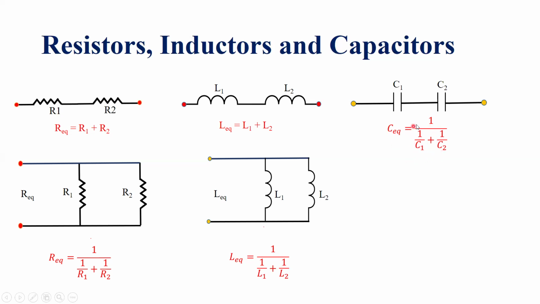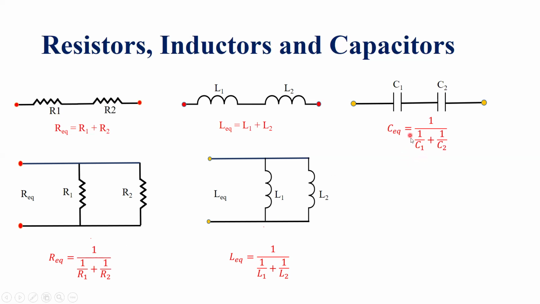If you compare this equation with that of inductors in series or resistors in series, it's a different equation. However, if you compare it with inductors connected in parallel, or resistors connected in parallel, you can see the analogies.